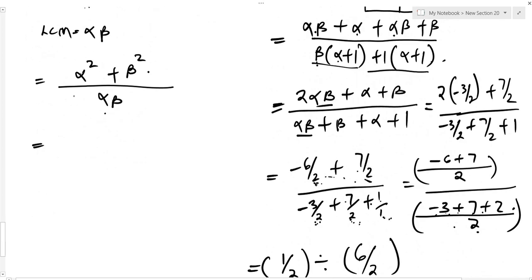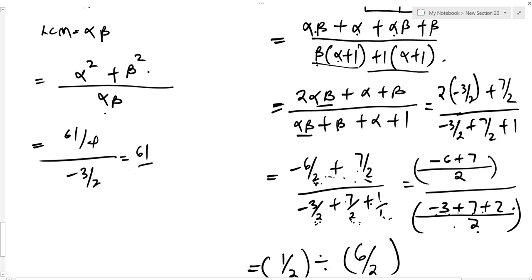Now we now have alpha square plus beta square is 61 divided by 4. Then alpha beta is minus 3 over 2.